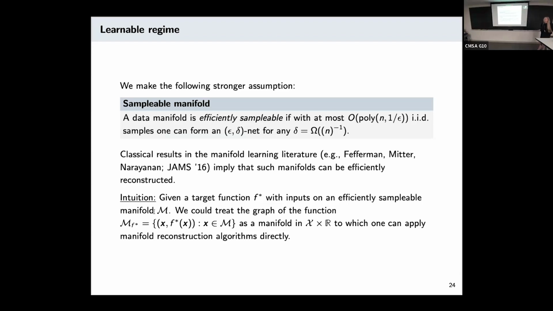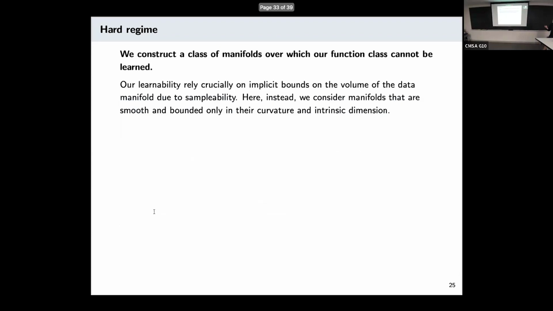I also want to give some intuition on the hard regime. We said that the manifold hypothesis just by itself is not enough to guarantee learnability. In particular, we can show that this samplability condition that we just discussed is really important.